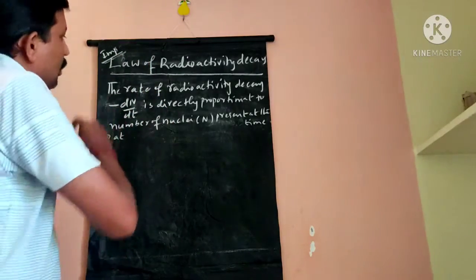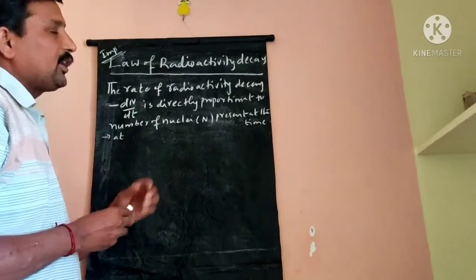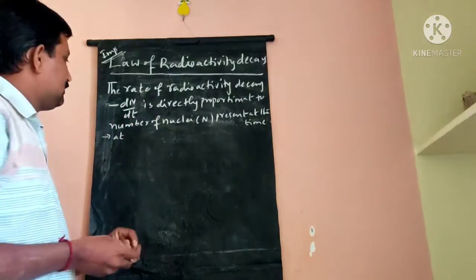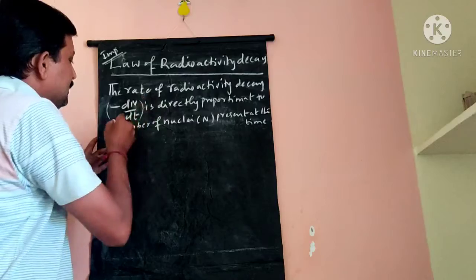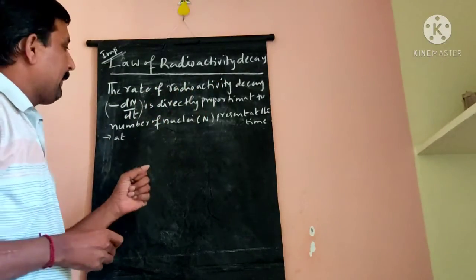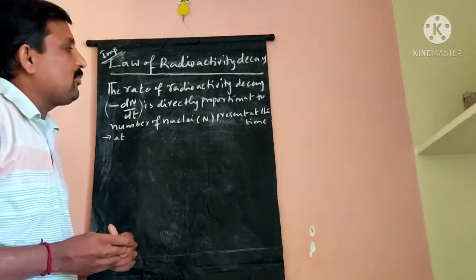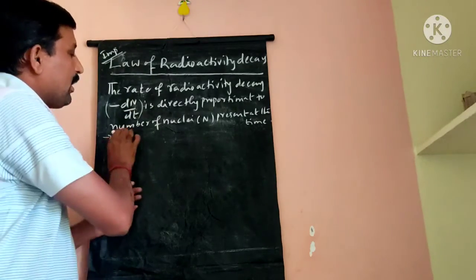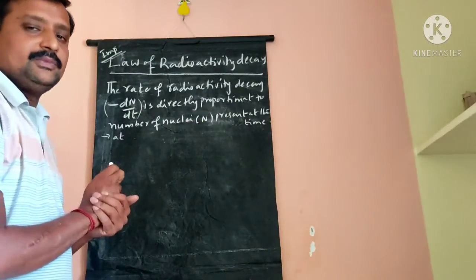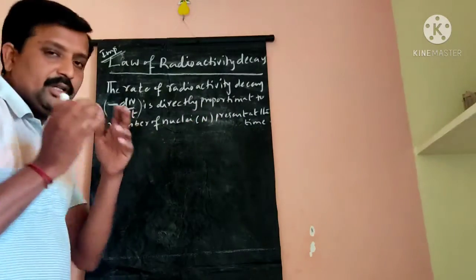According to the law of radioactivity decay, the rate of radioactivity decay, minus dN by dt, is directly proportional to the number of nuclei present.